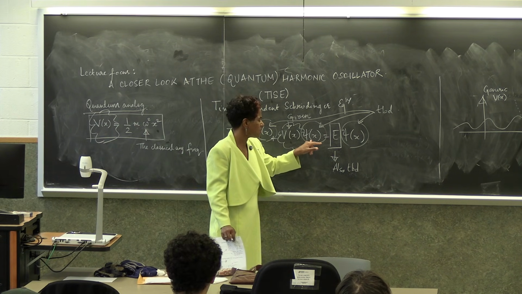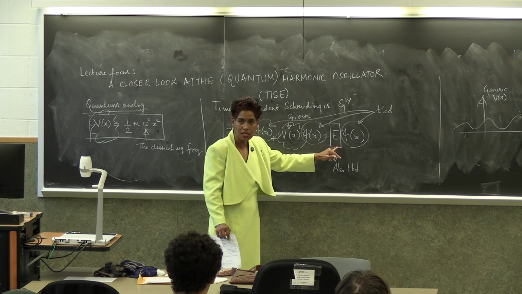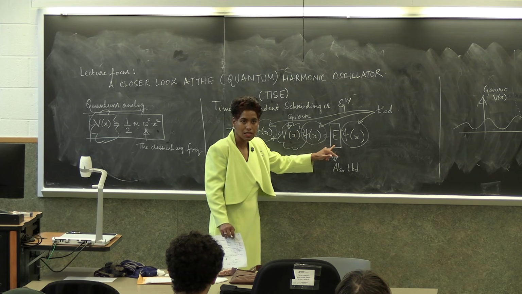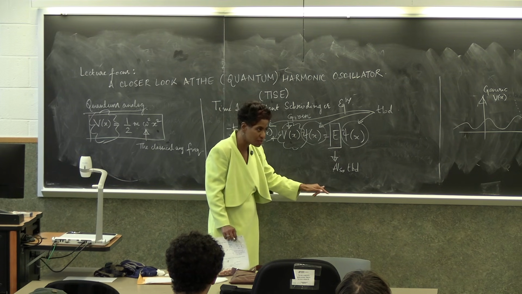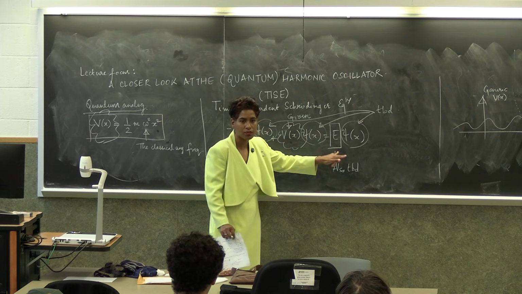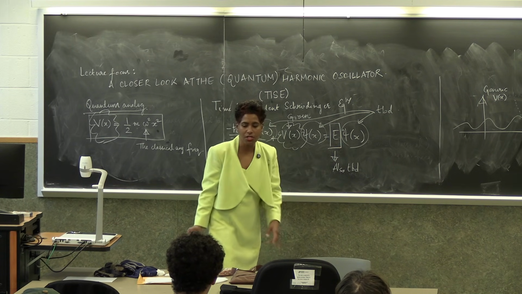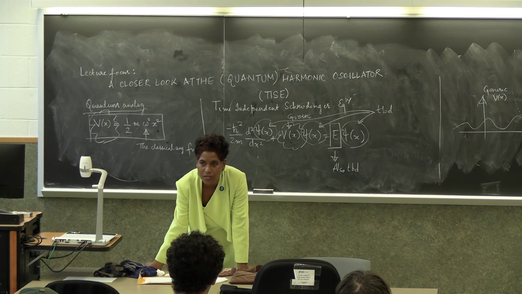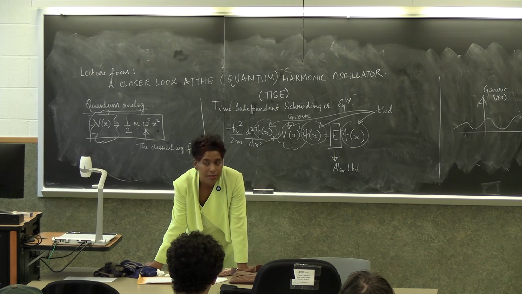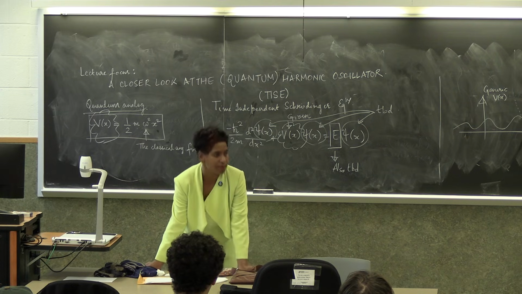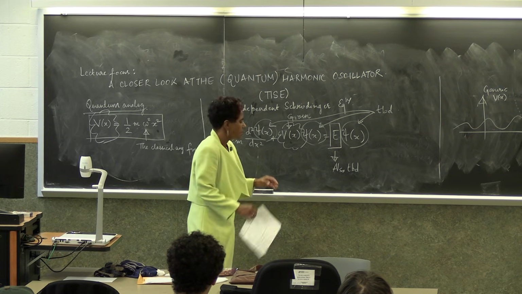And corresponding to psi, you also need to find E. And typically, we expect an infinitum of solutions, psi's with corresponding solutions E. Have you seen this before for, let's say, what potential have you seen this before besides the harmonic oscillator? The well? Okay, the infinite well. Yep. So you know the drill.